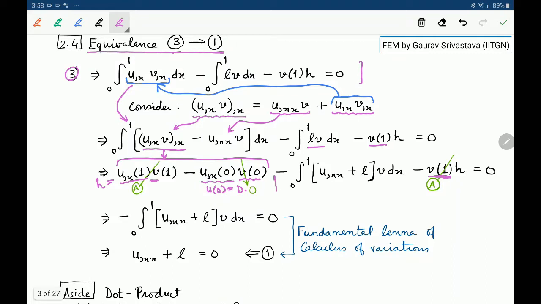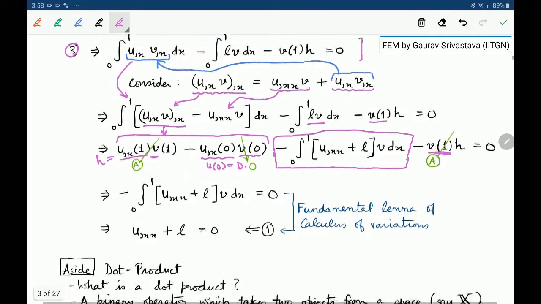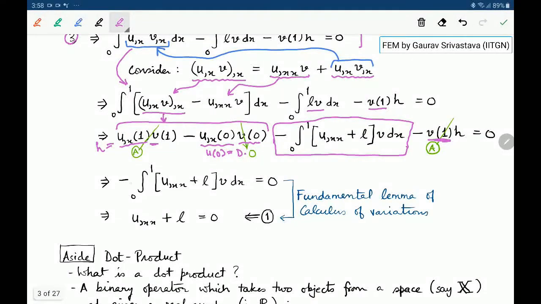So what we are left with is this. Integral 0 to 1 of u comma xx plus L, this entire thing multiplied by v, and this entire thing integrated over x from 0 to 1 is equal to 0.